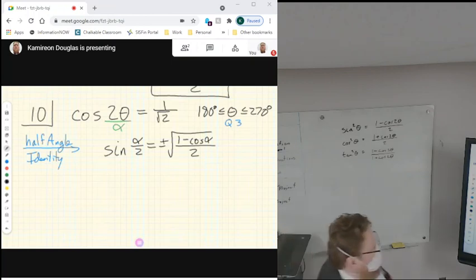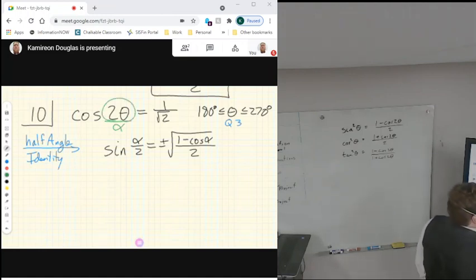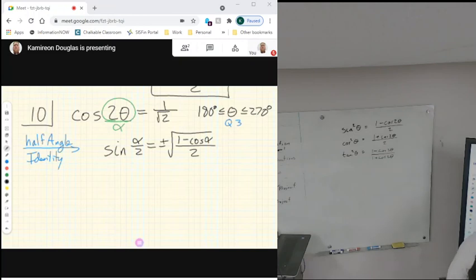Take a look. Everywhere there used to be an alpha, I'm going to replace it with 2 theta. So the first piece, sine of alpha over 2, becomes sine of 2 theta over 2, or just sine of theta.